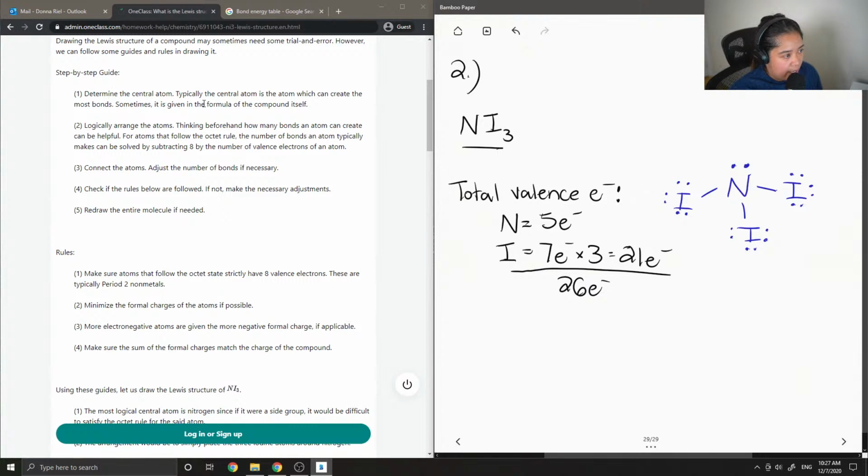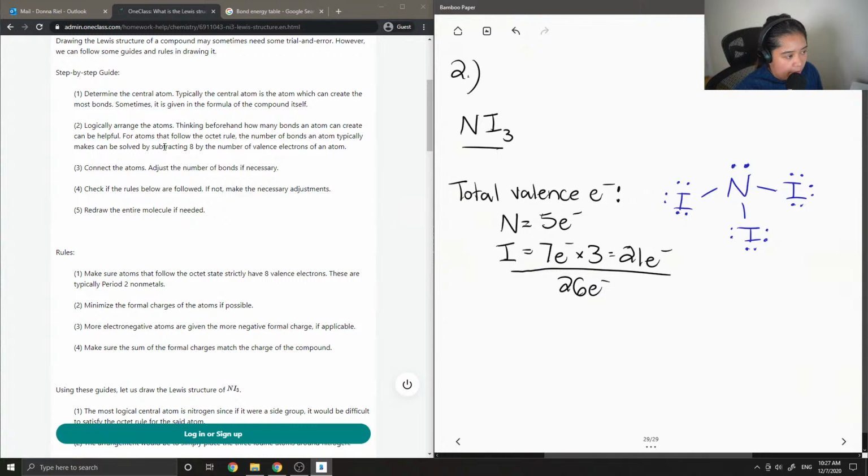1, determine the central atom. So in our case, it was the nitrogen. 2, logically arrange the atoms. So this is when I placed all the 3 iodines. Thinking beforehand how many bonds an atom can create can be helpful.